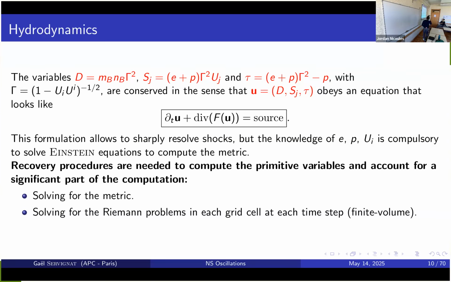So you see, these are some really nonlinear functions of some physical variables. So you have the mass of the baryon, the baryon density, internal energy, pressure, some velocity field. You have the Lorentz factor, which is once again a nonlinear function of the velocity field.